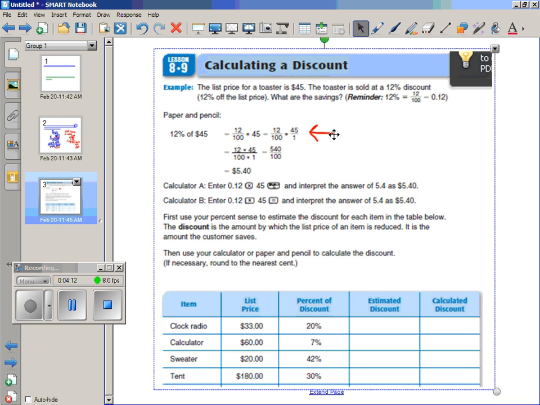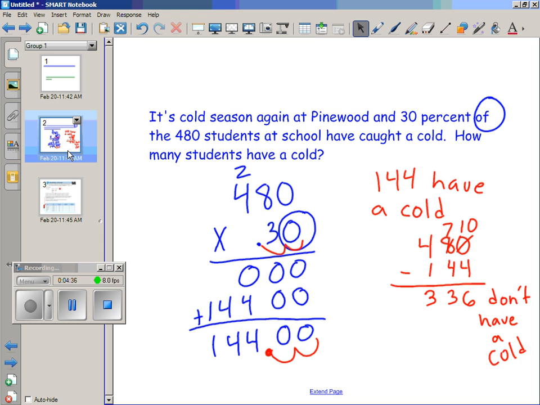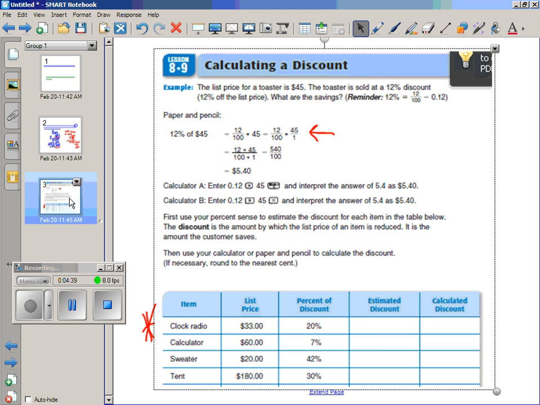Let's take a look down a little bit below here and see if we can figure out the clock radio, calculator, sweater, and tent. So the clock radio, list price is $33 and they're giving us a 20% discount. So what I'm going to do is the same thing just as I did in my word problem. I'm going to take my $33, I'll show my work up at the top, and I'm going to take 20% of that.